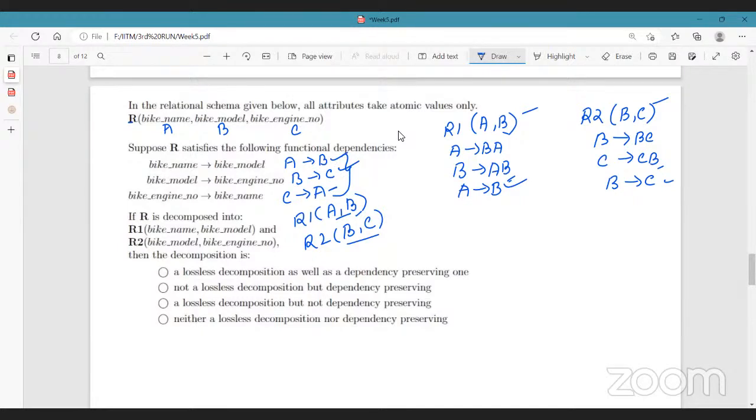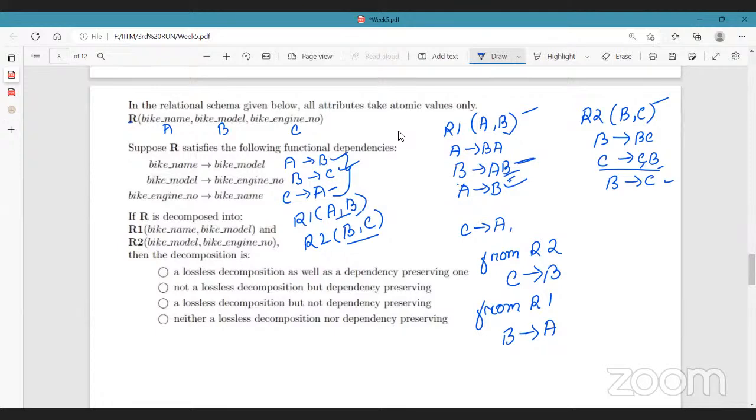So for C determines A, from R2 we will take C determines B, because even if we deduct C, it will be the same; it is just an extraneous attribute. And from R1 we can take B determines A, where we can consider B as an extraneous attribute.